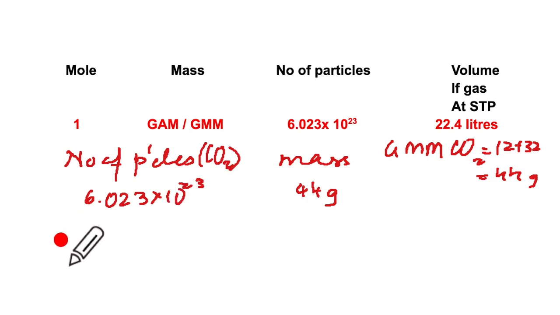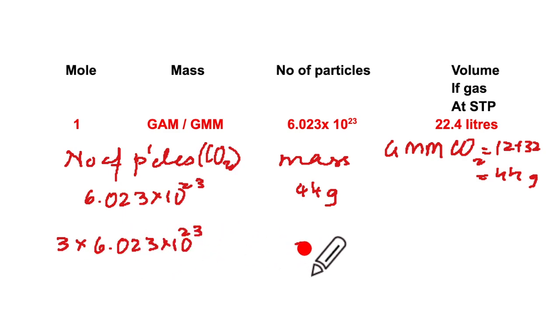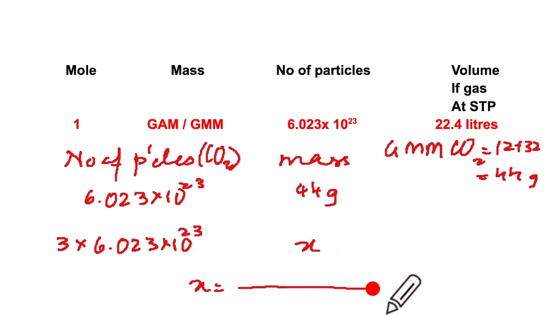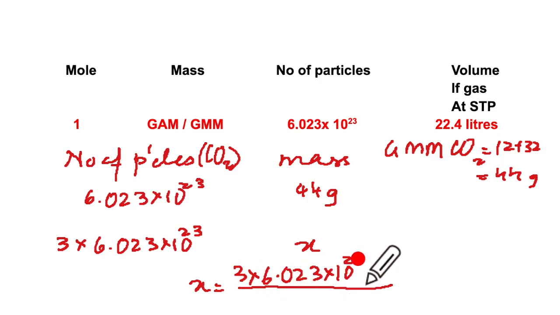Just now I told you the number of particles was 3 into Avogadro's number, means 3 into 6.023 into 10 to the power 23, and find the mass, that is x. So your x will be equal to 3 into 6.023 into 10 to the power 23 multiplied by 44 upon 6.023 into 10 to the power 23.